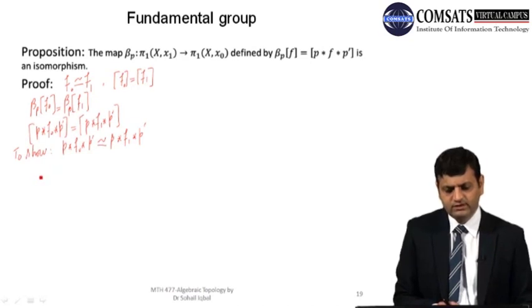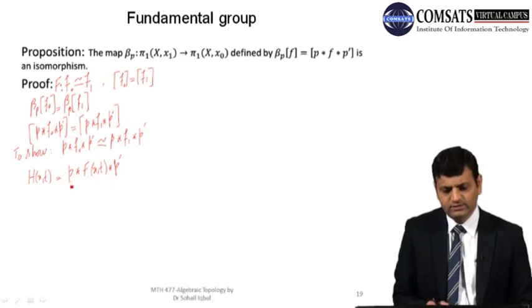Of course, if f0 and f1 are homotopic, then there is a homotopy F. So now consider another homotopy, H of x, t, defined in this way: p star F of x, t star p prime. Of course these p's are functions of x. When t is equal to 0, this is f0, and when t is equal to 1, this is f1.